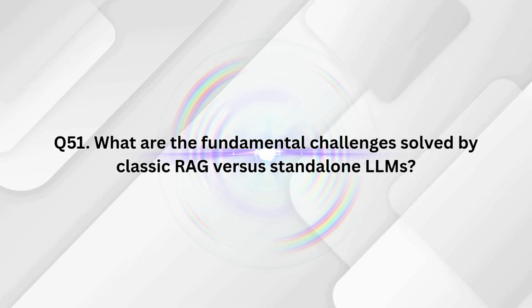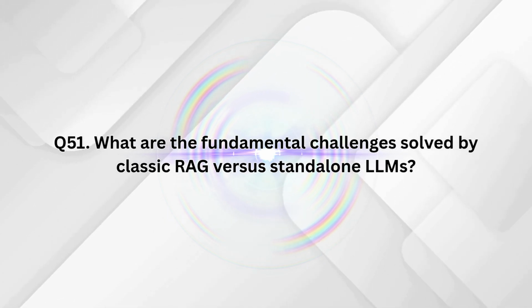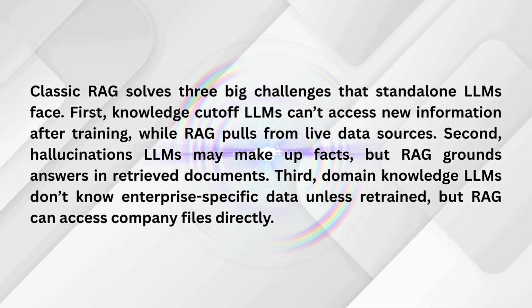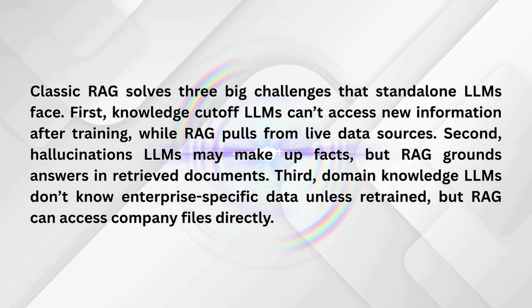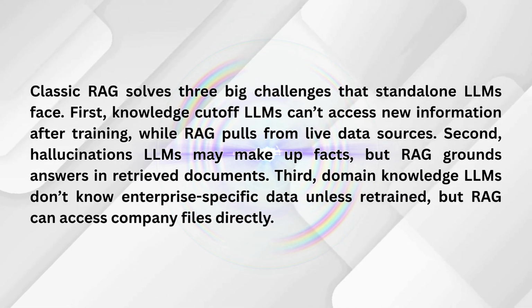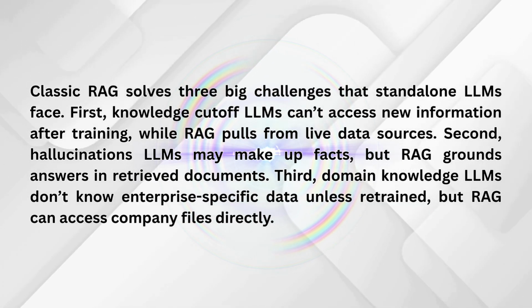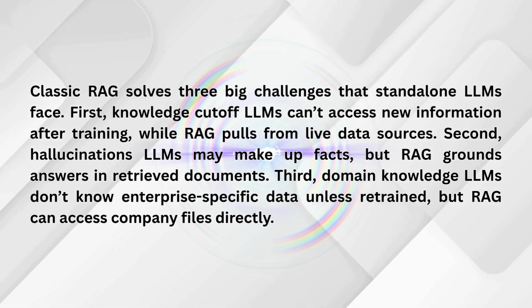What are the fundamental challenges solved by classic RAG versus standalone LLMs? Classic RAG solves 3 big challenges that standalone LLMs face. First, knowledge cutoff. LLMs can't access new information after training, while RAG pulls from live data sources. Second, hallucinations. LLMs may make up facts, but RAG grounds answers in retrieved documents.